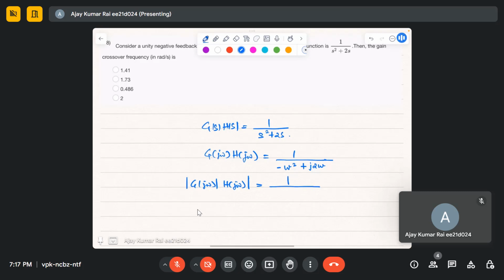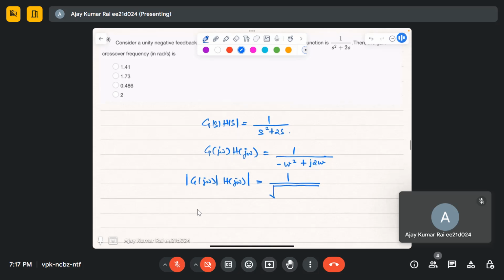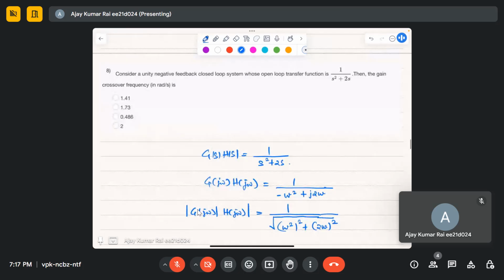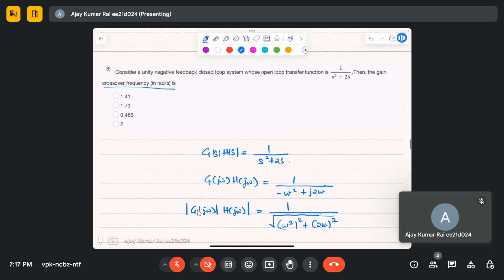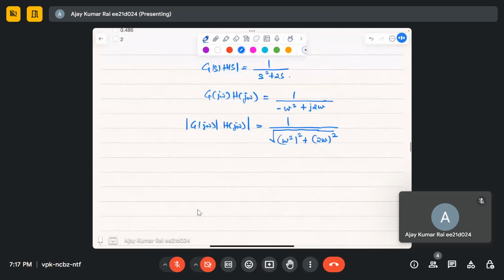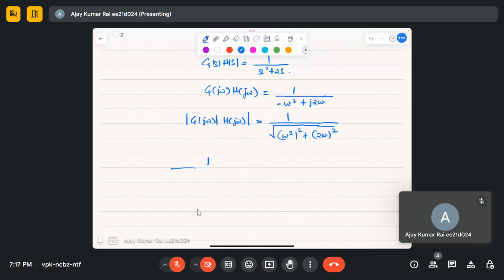So this will be the magnitude, and we have to find out the gain crossover frequency. So you know at the gain crossover frequency, the magnitude is equal to 1. So let's put the magnitude equal to 1.